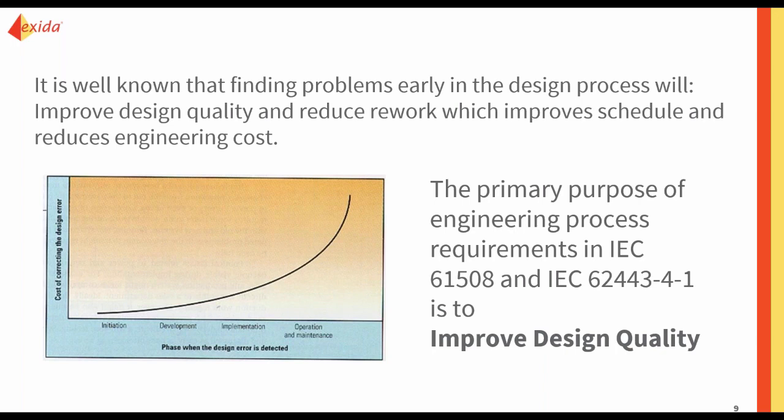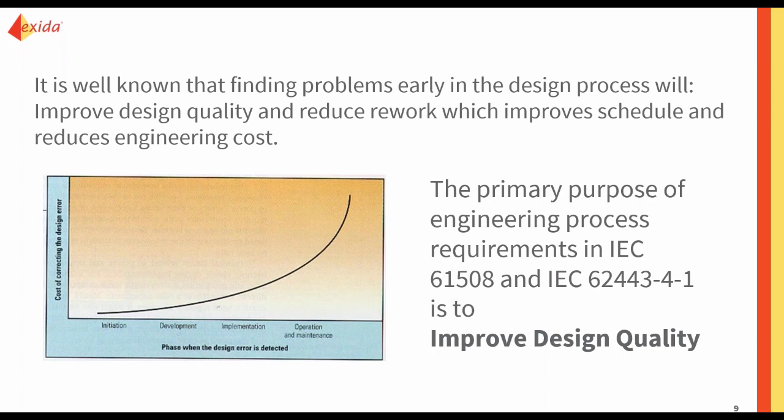And the motivation there is not budgets and schedules, because 61508 doesn't care how much you spend or whether you get done on time. It cares about your design quality. And the process requirements go up as a function of SIL level in 61508 and of security level in 62443-4-1.